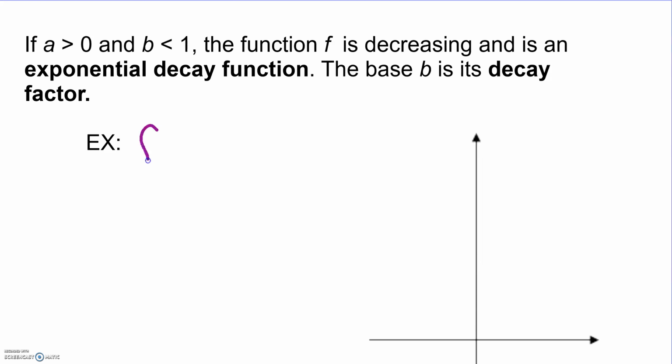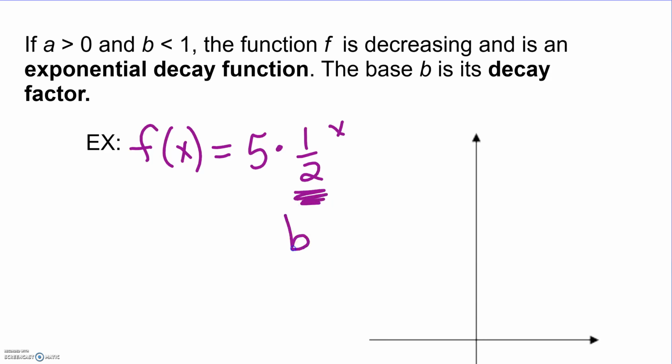So that decay function that we were looking at back on the previous page looked like this. Notice this base is less than 1, so that's going to be decay. If you notice some of the points back over on the other page, we had points like 0, 5; -1, 10; -2, 20.